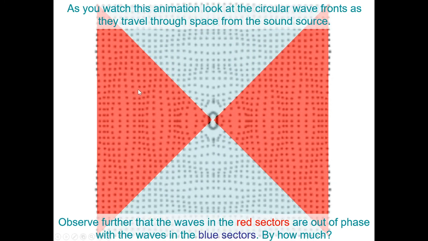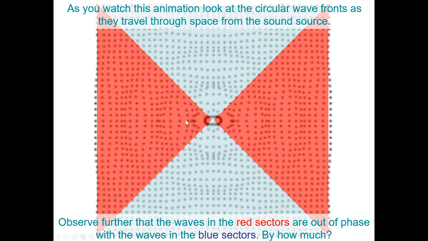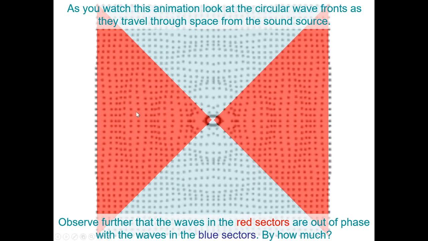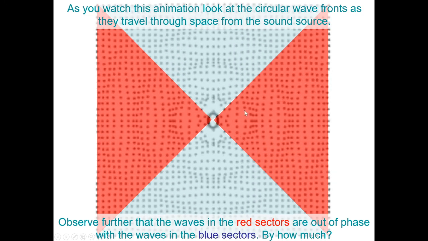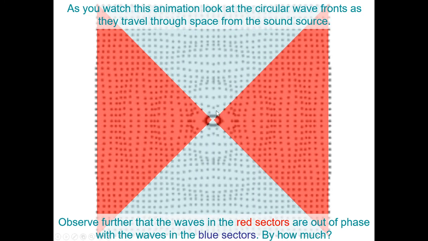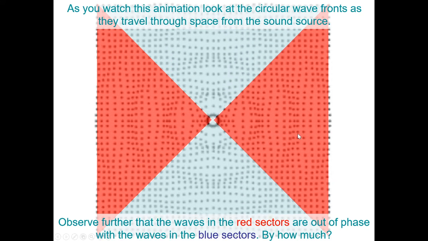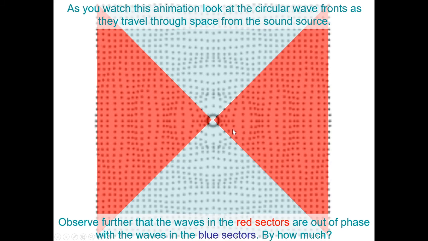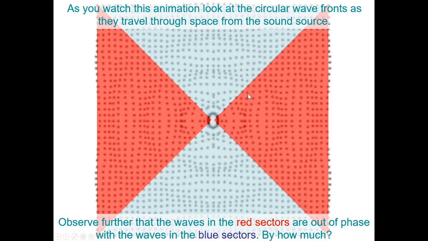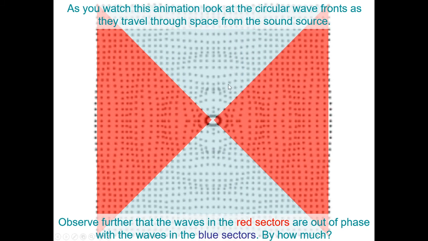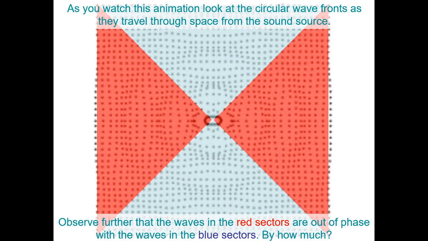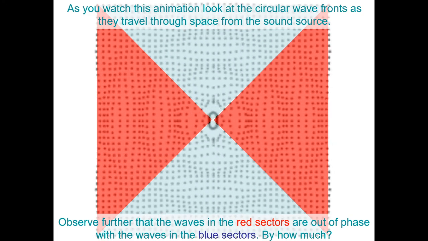You can see the compressions and rarefactions keep moving, but just pick a point. Watch the compression move through the wave, and then try to see exactly what's happening in the blue part. If you look really carefully, you'll notice that when there is a compression in the red region, there is simultaneously a rarefaction in the blue region, or vice versa. So those two parts are out of phase by half a full cycle.